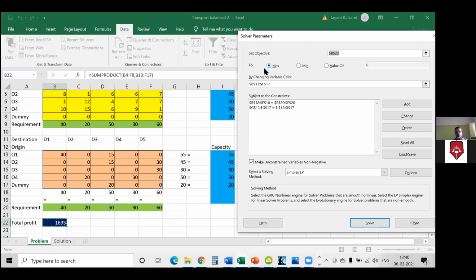So the only difference was we set the objective to maximum. Otherwise, there was no difference in the way we solved. This is very similar to the first two examples that we did. Absolutely no difference. After we converted it into a balanced problem, the only difference was to maximize it, not minimize it.